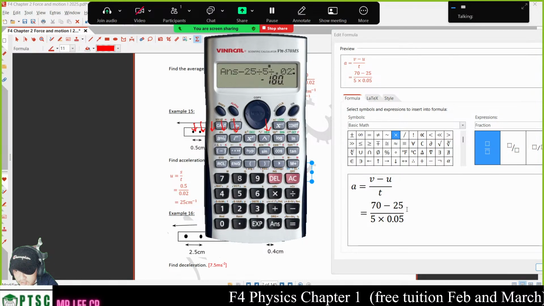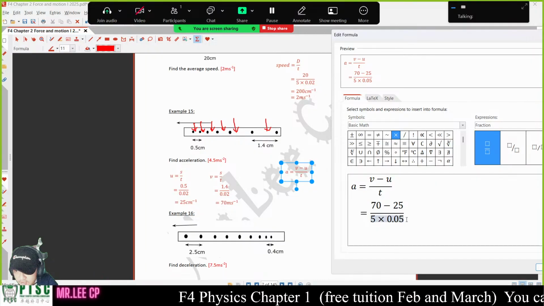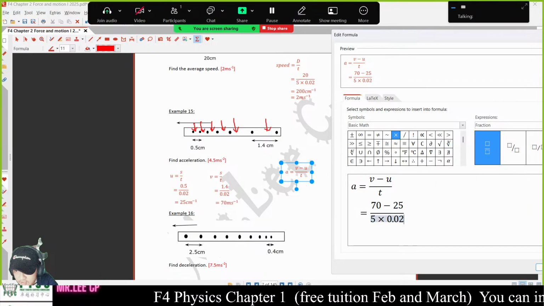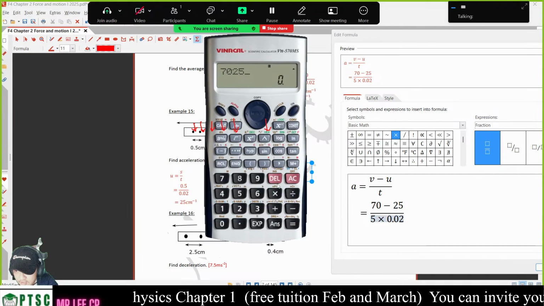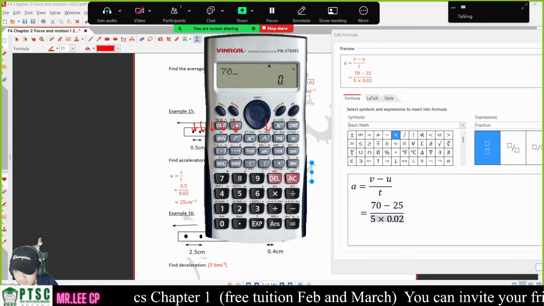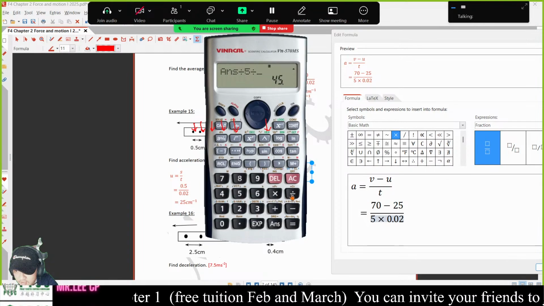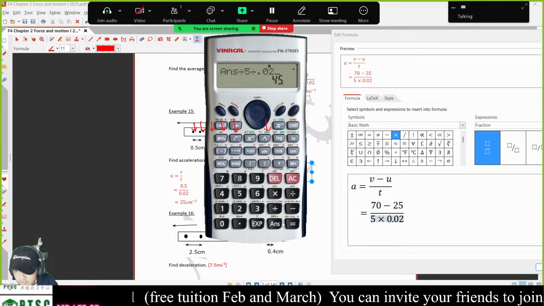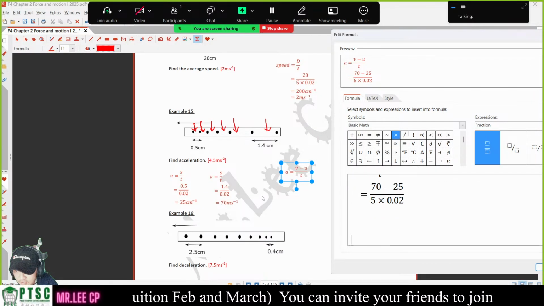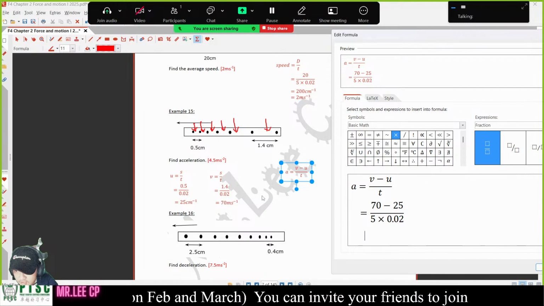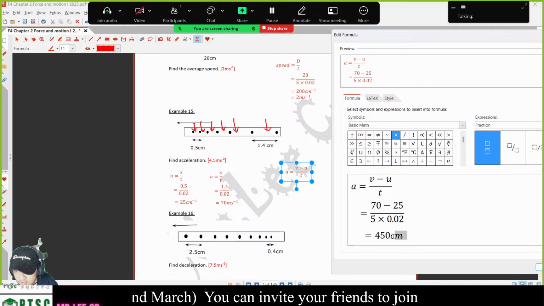So 70 minus 25, divided by 5, divided by 0.02. So I will get 450 cm s^-2.